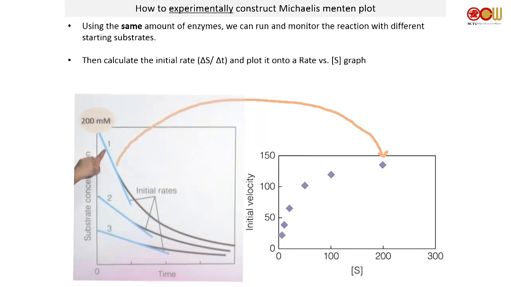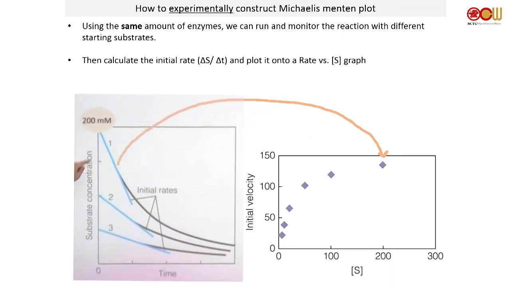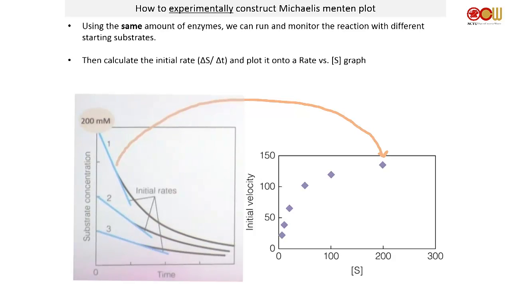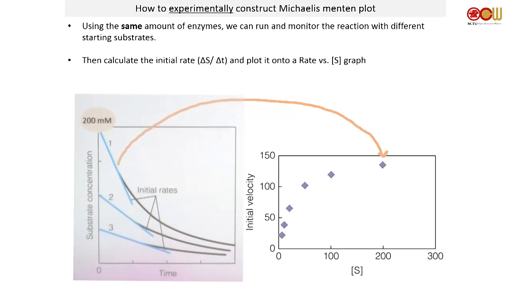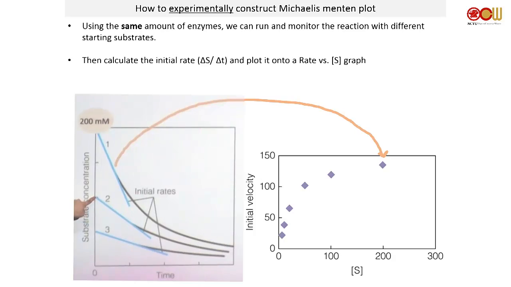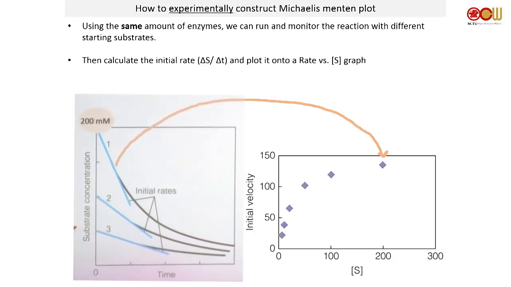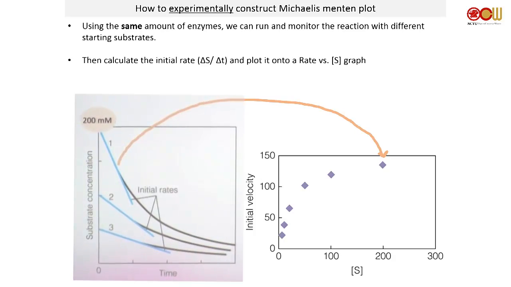For every condition that we do, the conditions differ based on the initial amount of substrate that I put in. For example, here I put 200 millimolar, here 100 millimolar, here 50 millimolar. Then we run that reaction and look at how rate changes as a response to my substrate concentration.